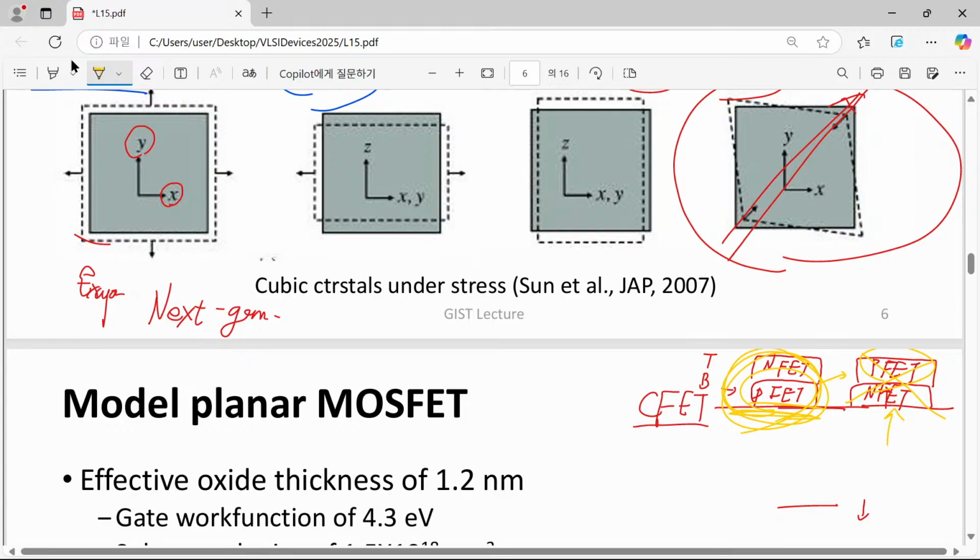But the problem is when it is made as the channel, once again their mobility is degraded. So compared with silicon, there is not that clear advantage of a 2D material when it is actually used as the channel material.